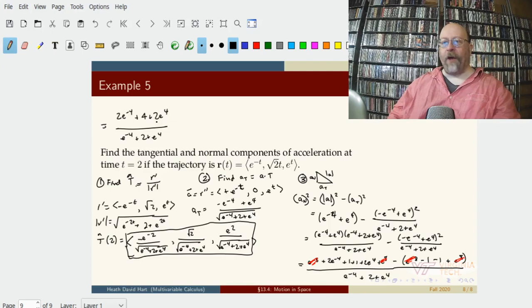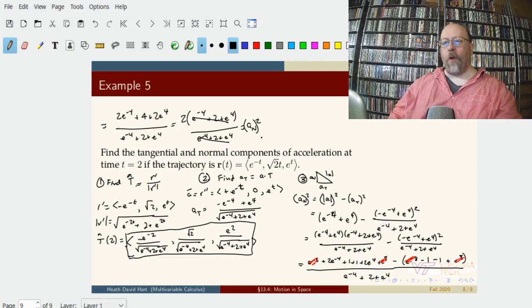If I factor out a 2 from the top, I've got e to the negative 4 plus 2 plus e to the positive 4 over e to the negative 4 plus 2 plus e to the 4. And all of this cancels. And so it turns out for this problem that a_N squared is equal to 2. And so a_N is just the square root of 2. Very simple answer to a complicated looking problem.